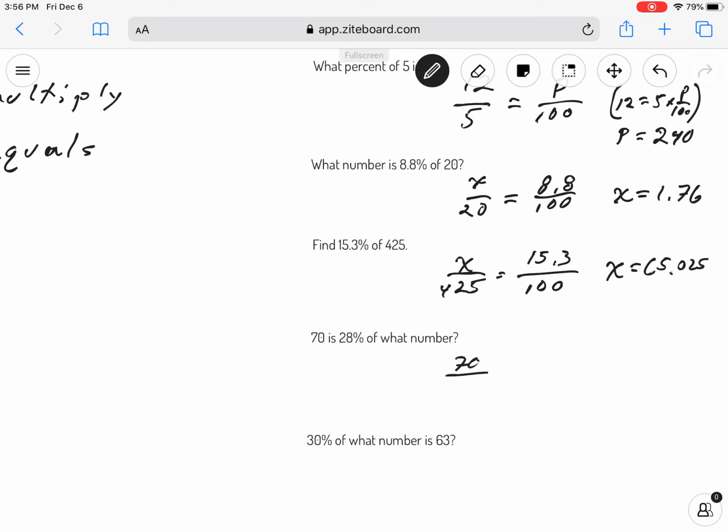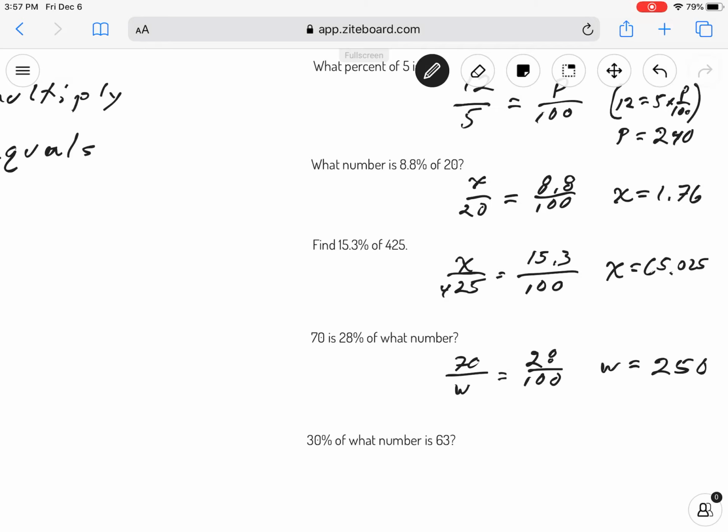So in this case it's my W. I'm told that the percentage is 28%, so I have 28 over 100. And so now I can cross multiply and divide. So I have 70 times 100 divided by 28, and so the whole in this case is 250.